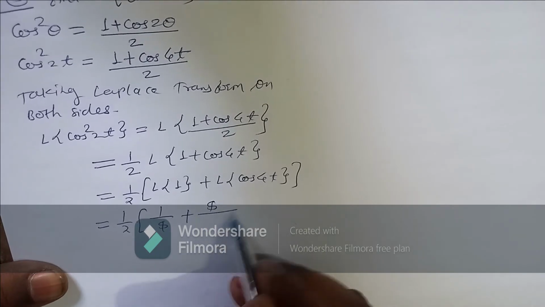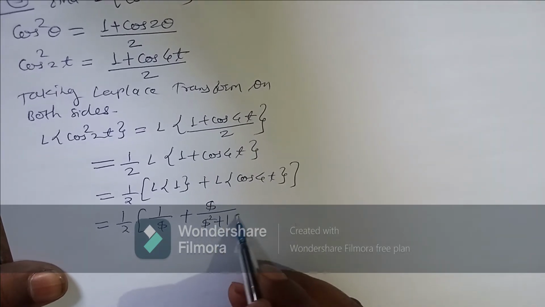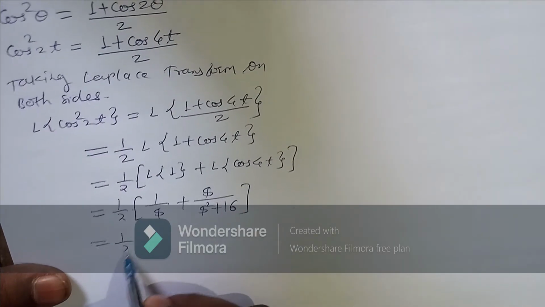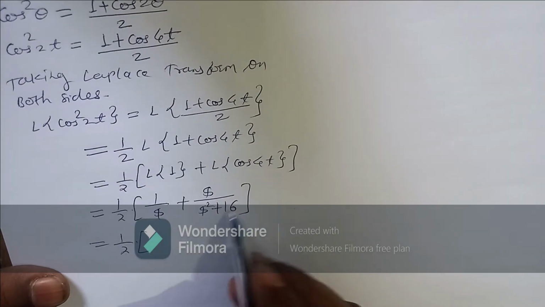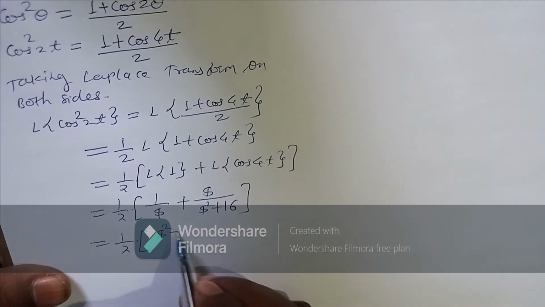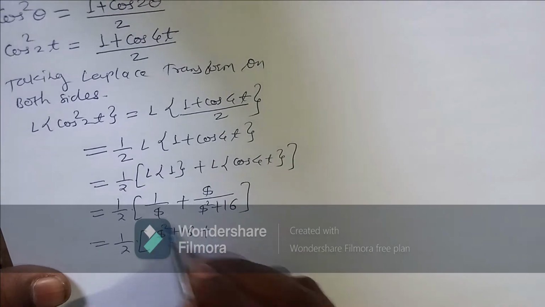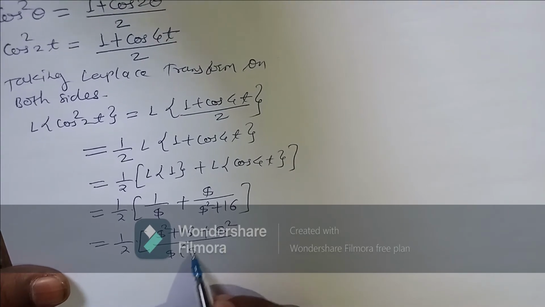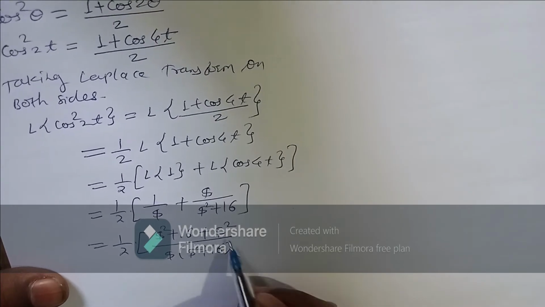What is that? s upon s square plus 16, and that is equal to 1 upon 2 in bracket. Now do the cross multiplication. So s square plus 16 plus s into s square upon s in bracket s square plus 16 bracket close.